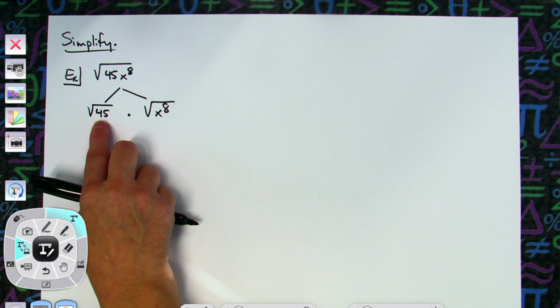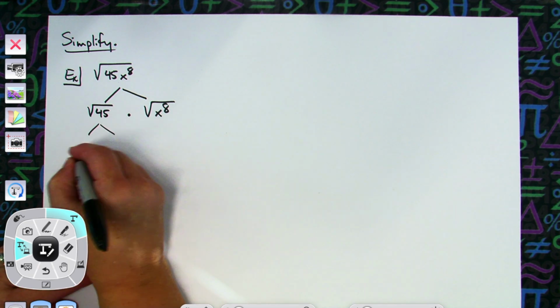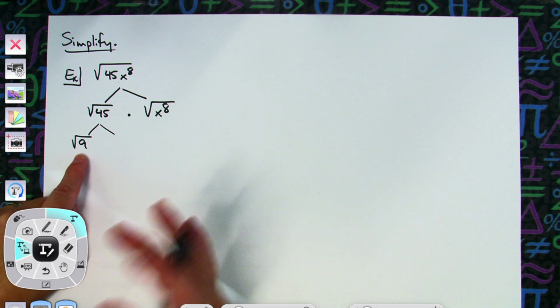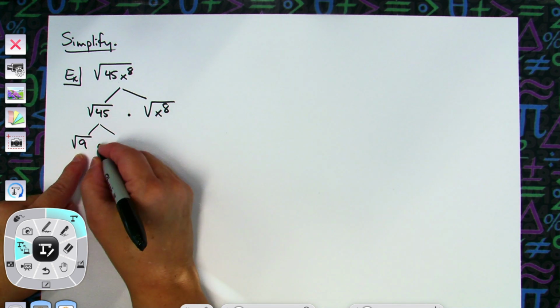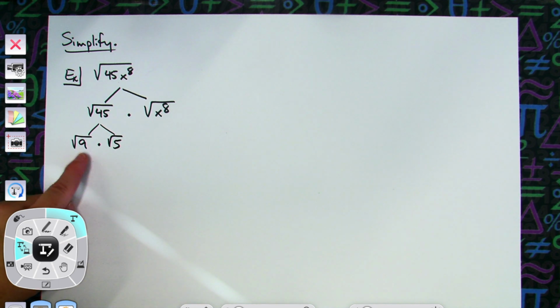Does 16 go into this? Nope. 25 doesn't go into it. 36 doesn't go into it. So that means that square root of 9 is going to be the biggest perfect square root that I can use. 9 times, what, 5 is 45? By doing the biggest perfect square root right here, you are ensured a very, very small tree.